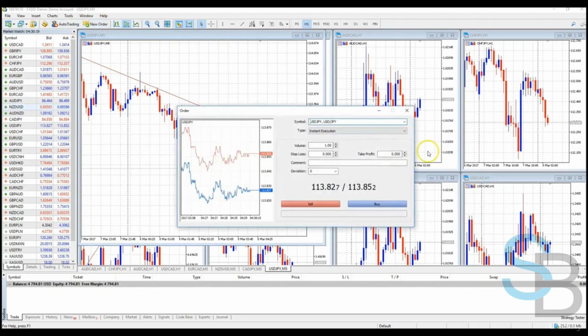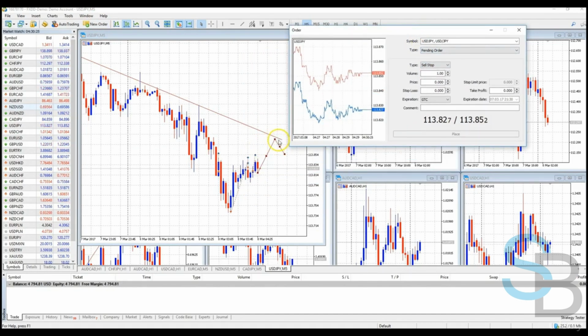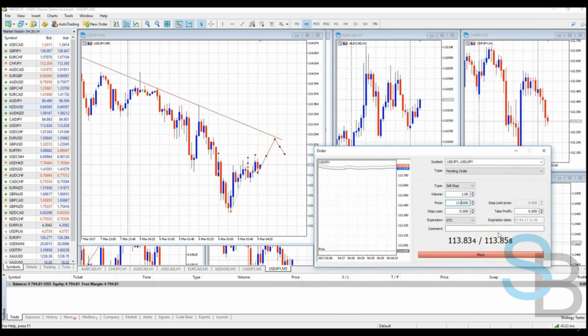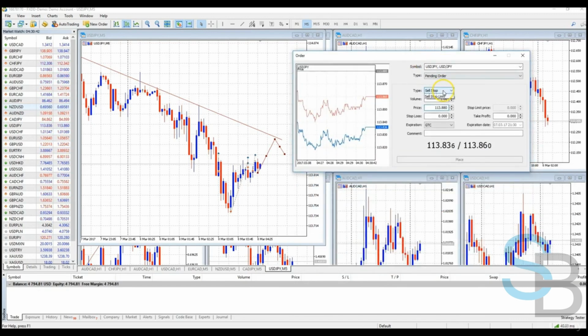If I were to put in, say, a sell stop at that level, the system won't let me. So I'll just show you that example. So if I were to put in at 113.88, see, it won't let me put in that order at that level. It's because it needs to be a sell limit.